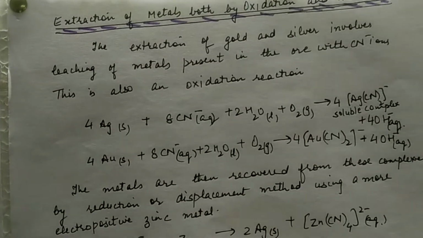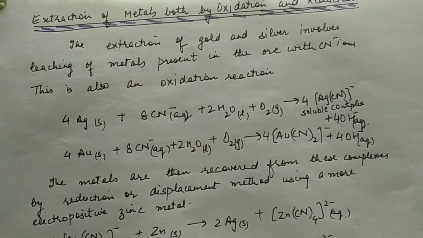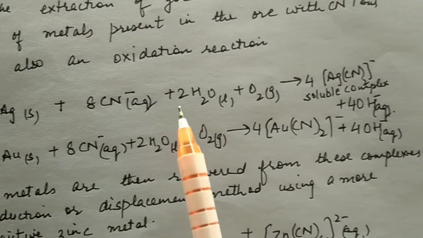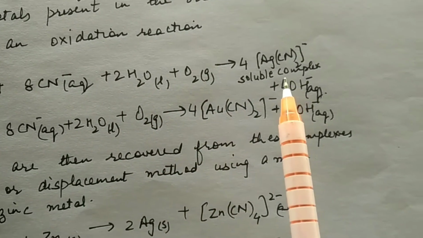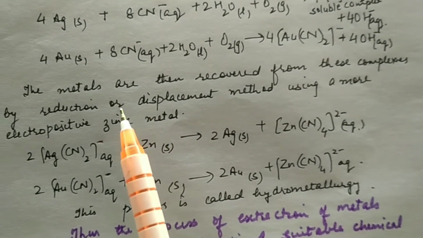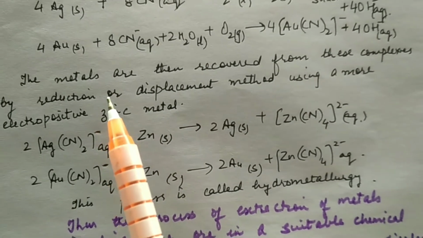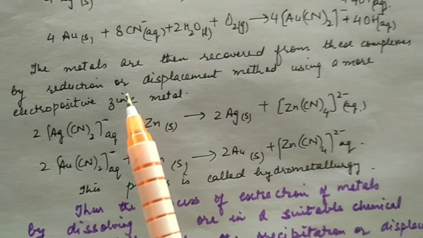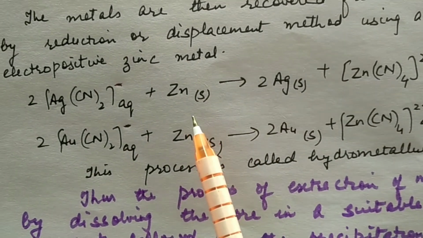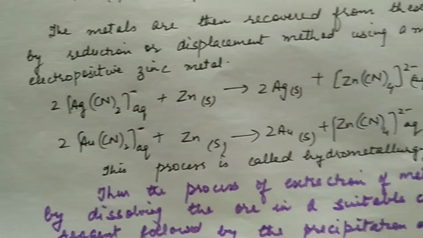This is done by leaching of metals present in the ore with the help of cyanide ions. So silver reacts with cyanide ions in presence of oxygen and water to form a soluble complex, and this soluble complex is then used for obtaining metals by reduction or displacement method, where a more electropositive zinc is made to react with this soluble complex.